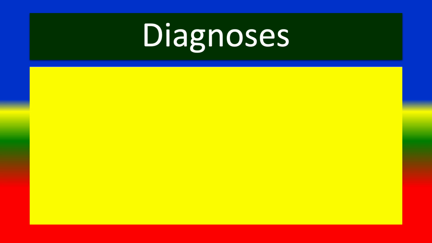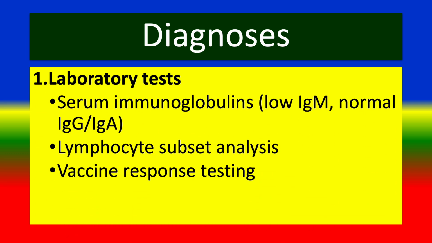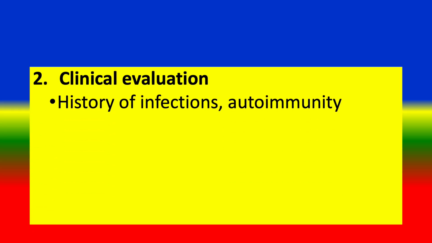Diagnosis. 1. Laboratory tests: serum immunoglobulins, low IgM, normal IgG and IgA, lymphocyte subset analysis, vaccine response testing. 2.